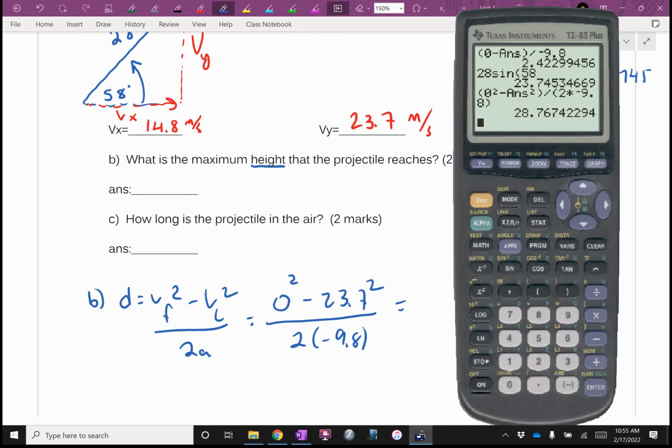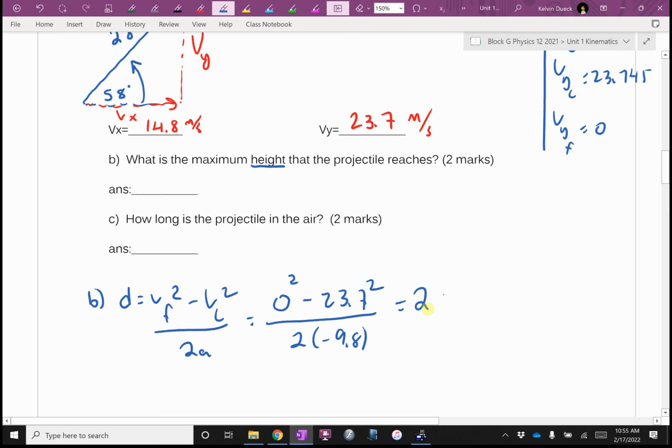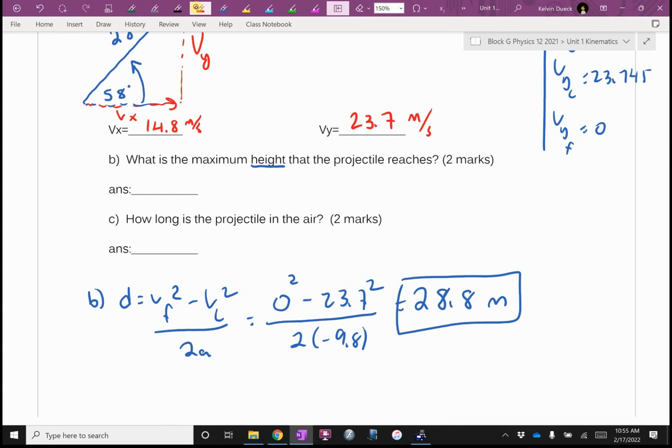It depends what you rounded to, but 28.8. If you got that, I would give you 2 out of 2 for part B. Otherwise, I would give you 1 mark if I saw that, half mark for the numbers, half mark for the answer. You could have used that time value that I found, that 2.43, to then go D equals ViT plus a half AT squared, and you'd get the same answer.